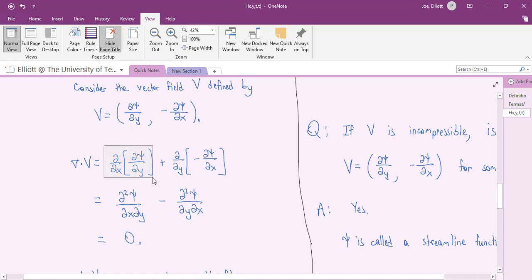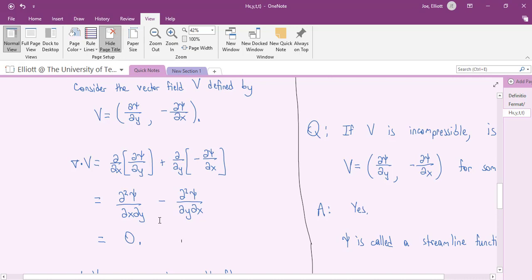So now here, this will just be the second order mixed partial derivative of c with respect to y and then x. Here you can factor the minus sign out in front. And then this is just going to be the second order mixed partial derivative, but with respect to x followed by y.